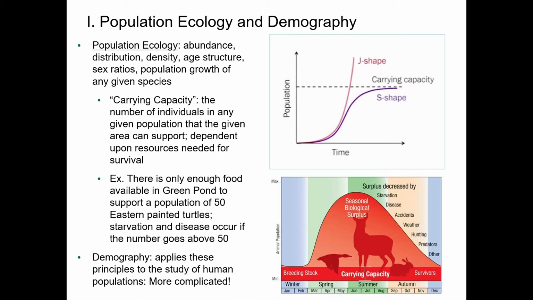We study the population of eastern painted turtles in Green Pond: how many there are, their abundance, and where in the pond they are. Or, where are eastern painted turtles in Pennsylvania or in the eastern United States? The density, how many per square mile are there? The age structure of eastern painted turtles here in Green Pond: how many juveniles, how many adults, how many geriatrics, how many males versus females.